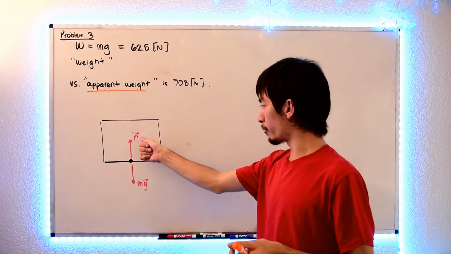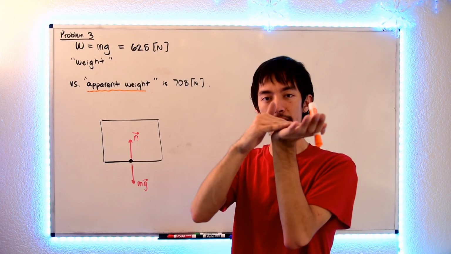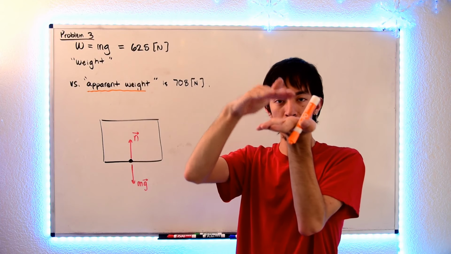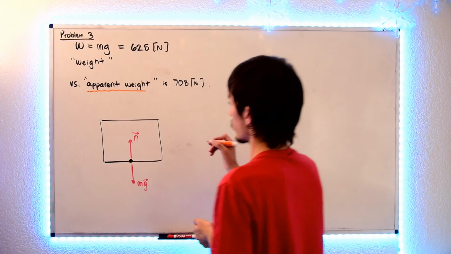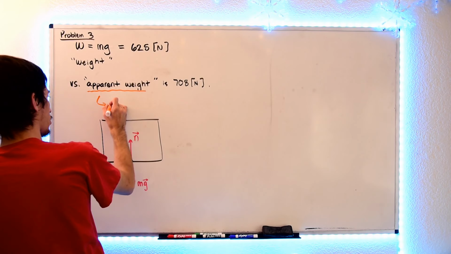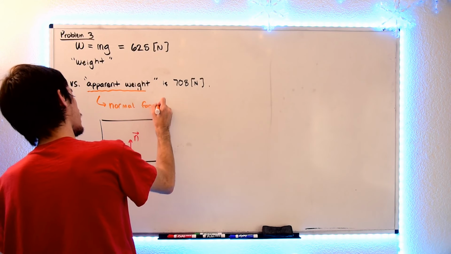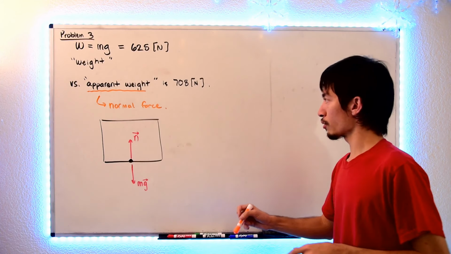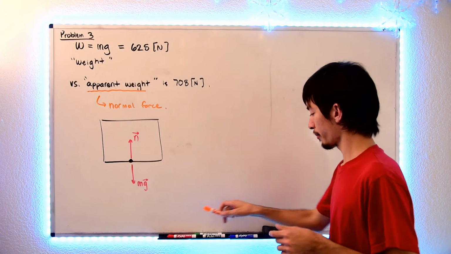The normal force is a measure of how much you're actually pushing into the surface. If you push into the surface with a certain amount, it pushes back with a certain amount. So the normal force is actually just going to be your apparent weight. Okay, so this is a way of saying that the value of n is 708 newtons.